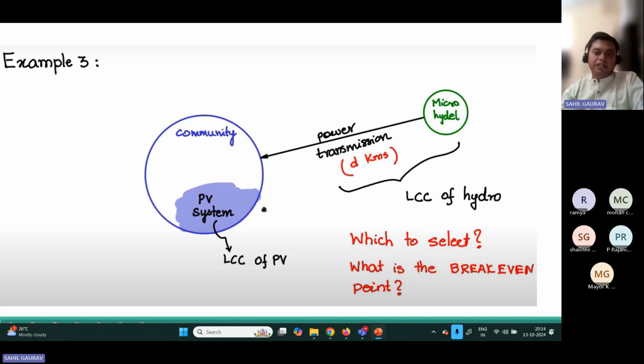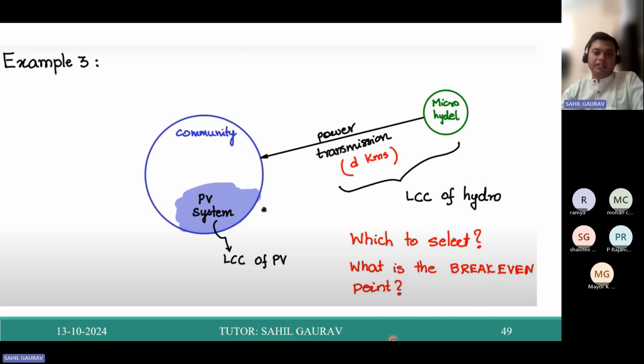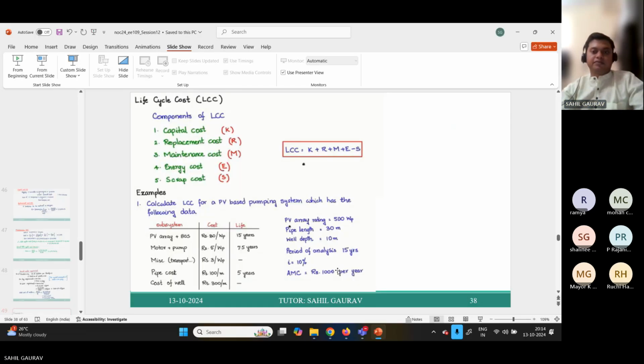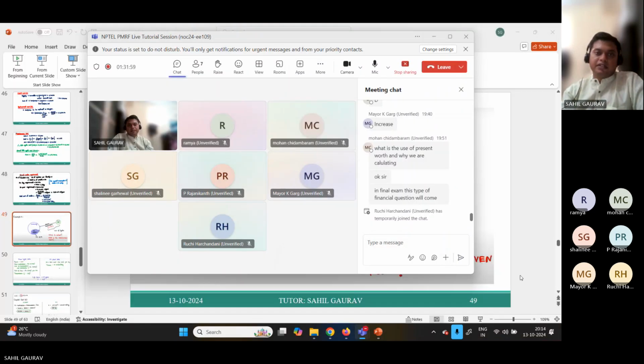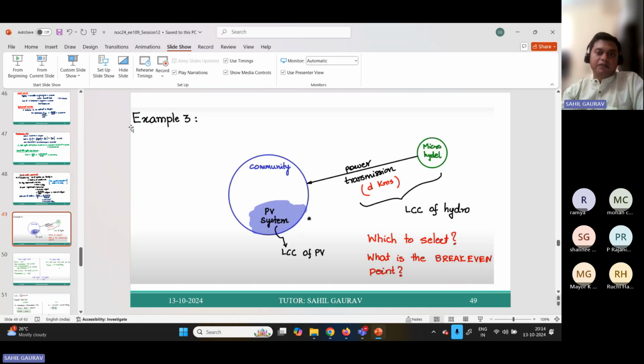And the third example, you have to find the break even point. Such that you have a PV system at a community level that is providing this power, while in another case this power is coming from this microhydel plant, and this distance is D kilometers.